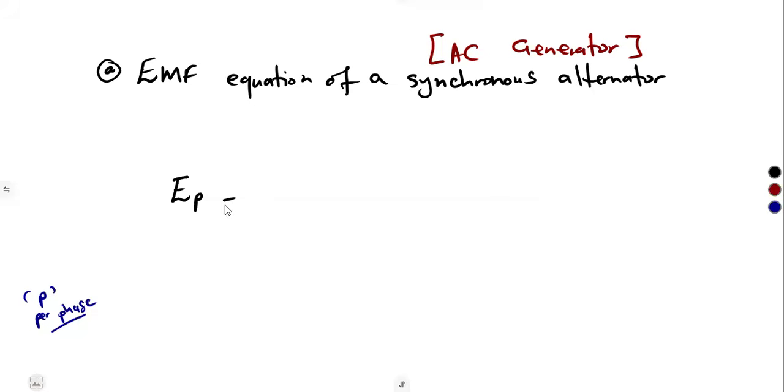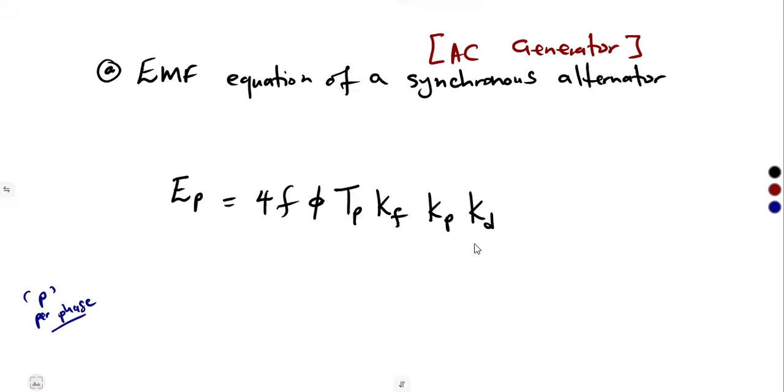This is the formula that we're going to work with, guys, which is 4F, then the useful flux, times the turns per phase. We're going to have the constant, which is the form factor, then also the pitch factor, which is a constant, and the distribution factor. So this is what you are going to need when calculating the induced EMF per phase.